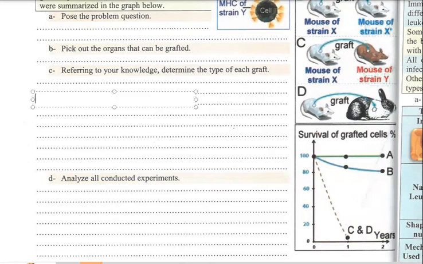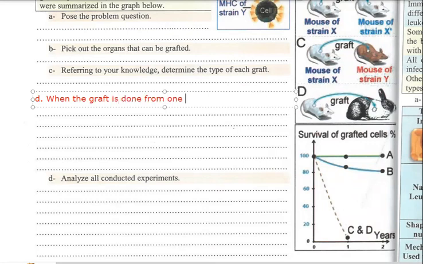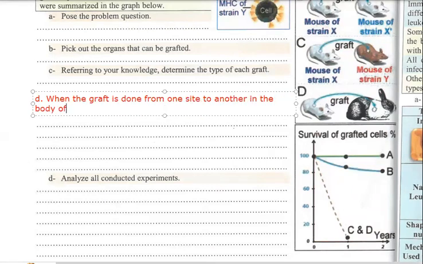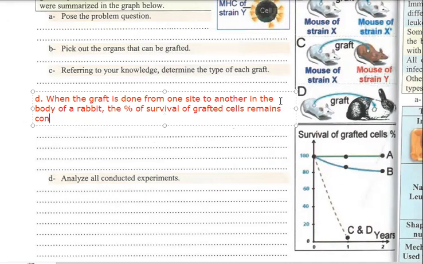This is part D. When the graft is done from one side to another in the body of a rabbit, the percentage of survival of grafted cells remains constant, right?